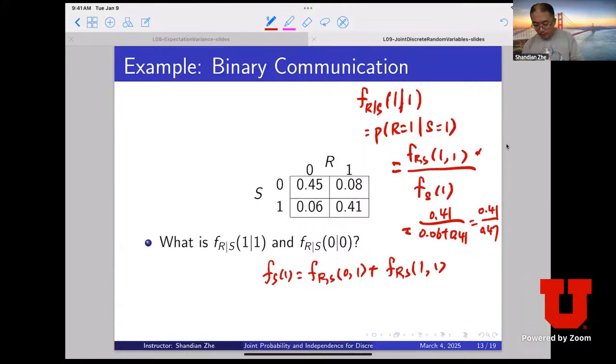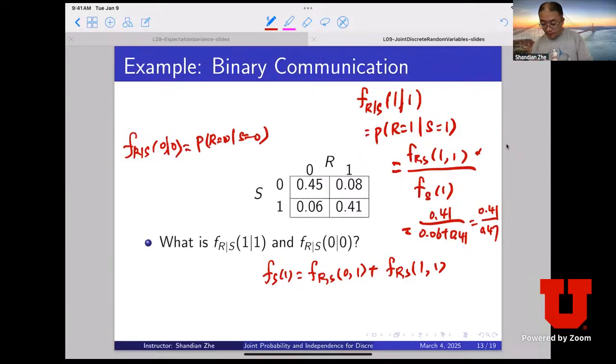Okay, if we look at another conditional probability, zero, zero, which is the probability that given S is zero, R is also zero. Given you send a bit zero, you're going to receive zero as well. What's that conditional probability?